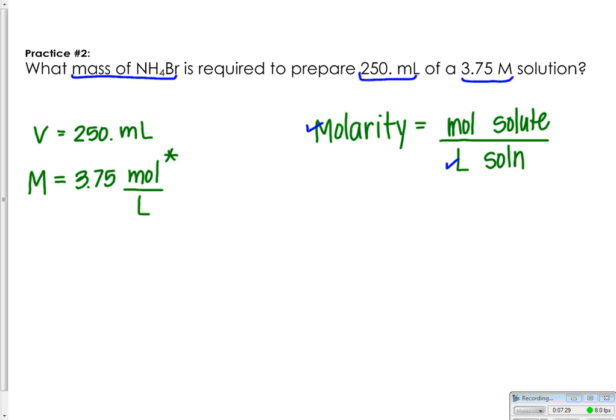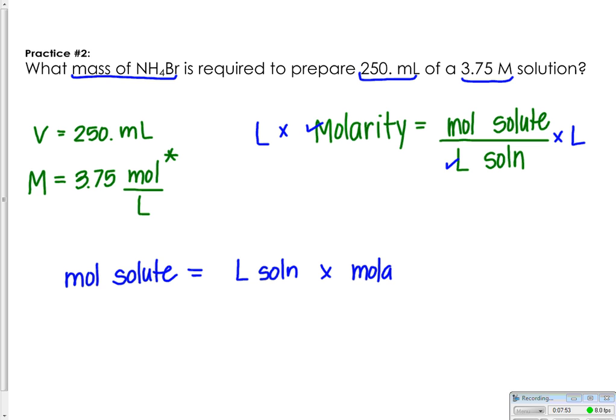Once we find the moles of the solute, we can change that to grams. So how am I going to find this? I'm going to multiply both sides by liters, so my moles of solute will be equal to my liters of solution times my molarity. Now, 250 milliliters is the same as 0.250 liters.